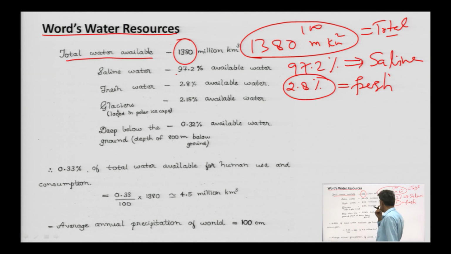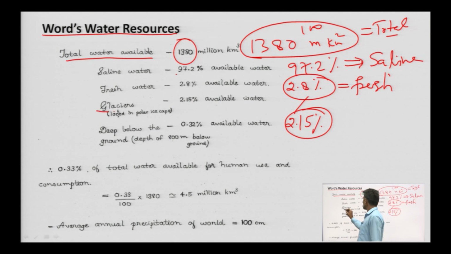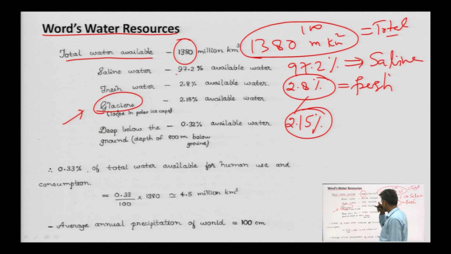Out of this, the major part, 2.15%, is stored within the glaciers, in polar ice caps.